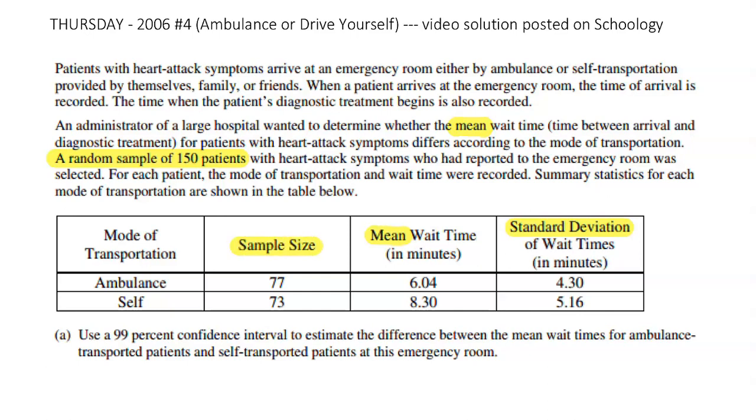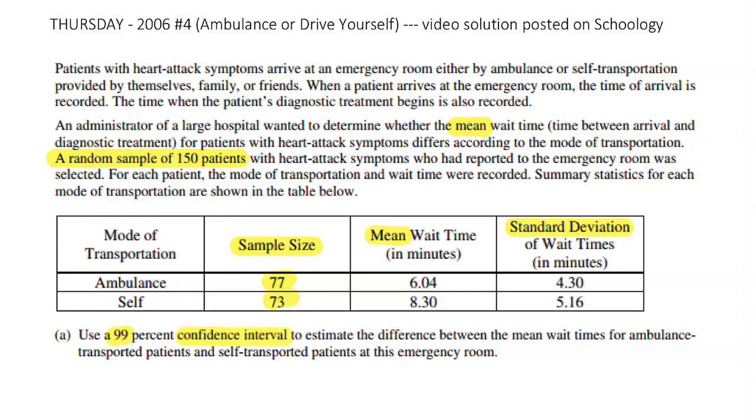We have sample size. And I see that the sample size is broken up into two, it looks like independent groups, whether the person with heart attack symptoms who had reported to the emergency room got there by ambulance or by driving themselves. Also, I see that we're working with a 99% confidence interval.